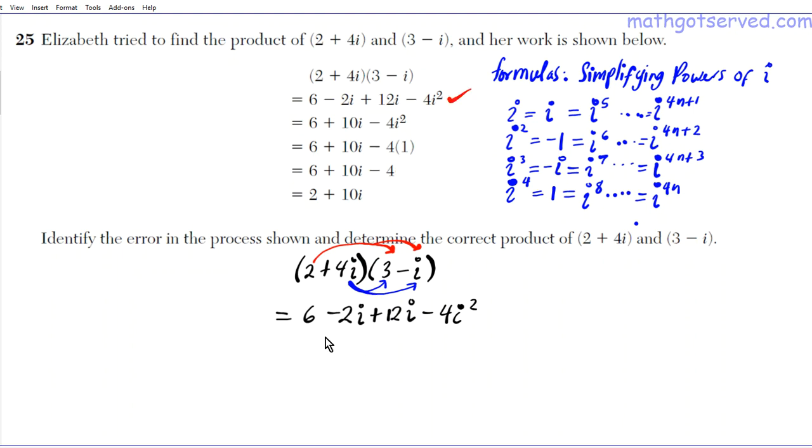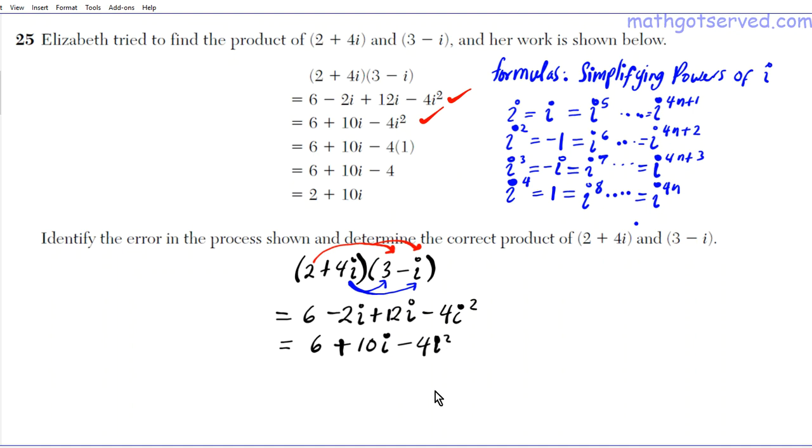Let's go on with our simplification. We just combine like terms. We have 6, -2i plus 12i is positive 10i, minus 4i squared. Let's see what Elizabeth has. 6 plus 10i minus 4i squared. That's correct. Good. Moving along.